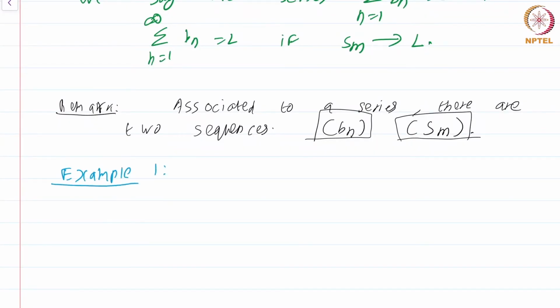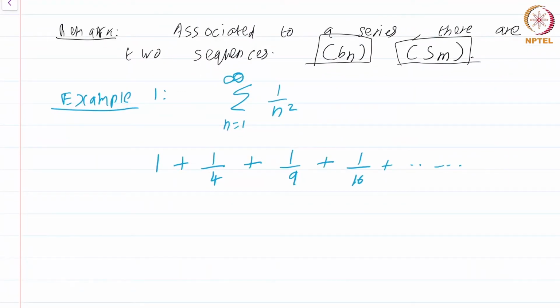Let's consider summation 1 by n squared, n equals 1 to infinity. It might be a good idea to write down the first few terms just to get an idea of what is happening. It's 1 plus 1 by 4 plus 1 by 9 plus 1 by 16 plus so on.